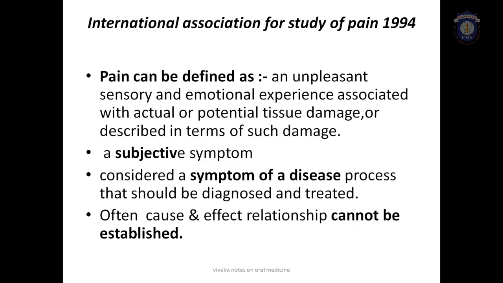Subjective symptoms means a symptom which varies from one person to the other, and it can vary from time to time also. It is considered as a symptom of a disease process that should be diagnosed and treated. Often, a cause and effect relationship cannot be established as far as pain is concerned, especially chronic pain.